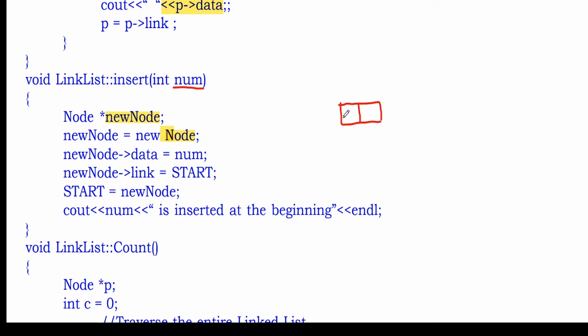I'll copy that here. So data field is num. And in the link field I'll put start, which already exists. I think you understood all the previous ones. And start is equal to new, so this becomes the start. A simple one, we'll take a main program example, then you'll understand.